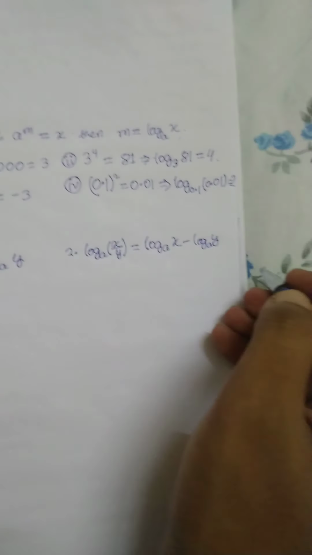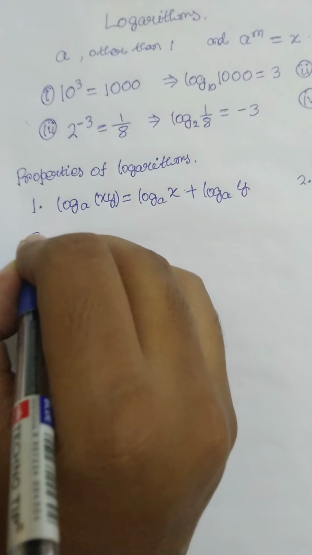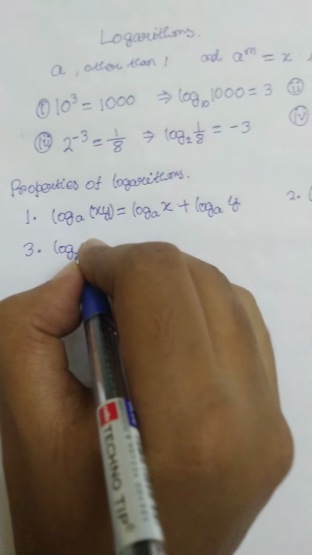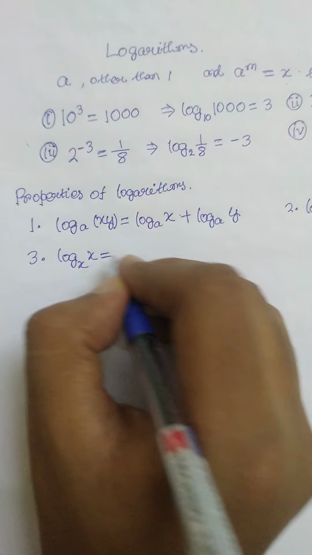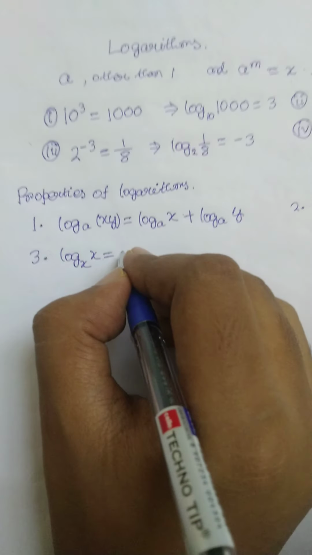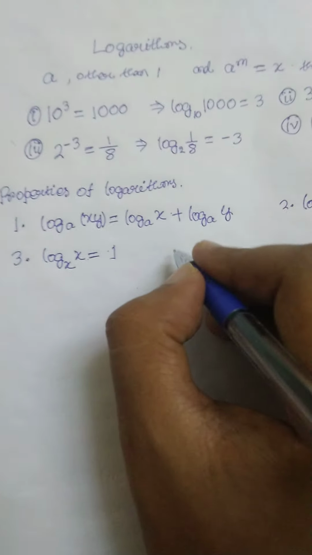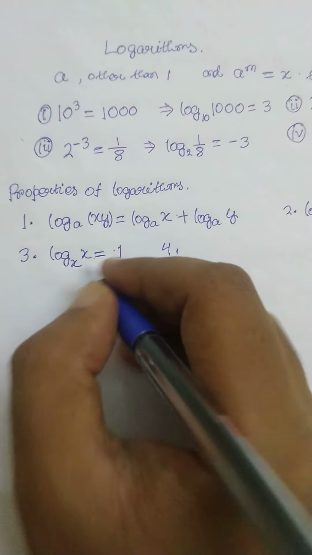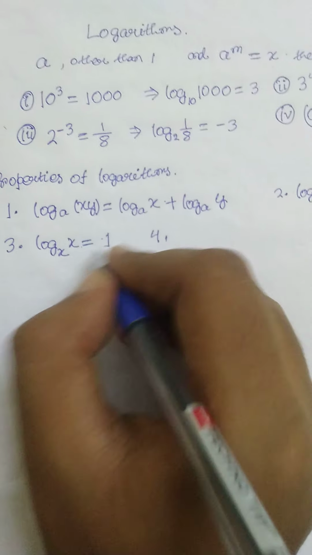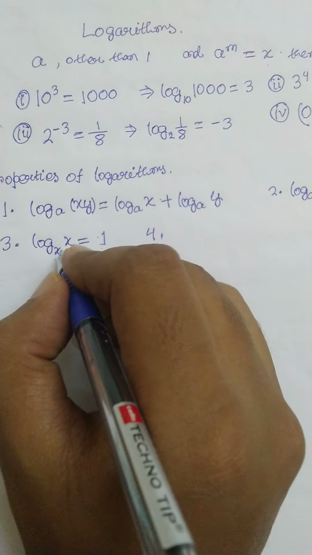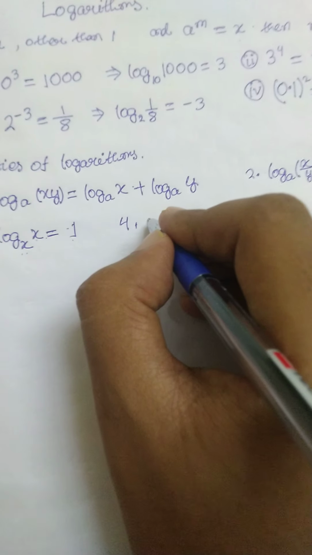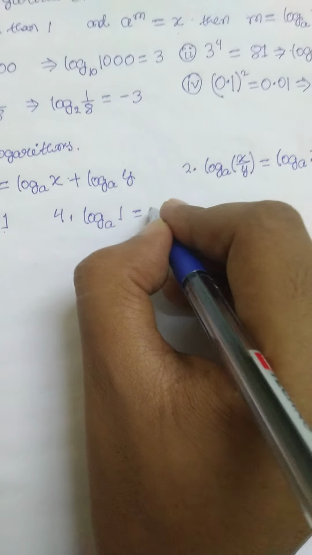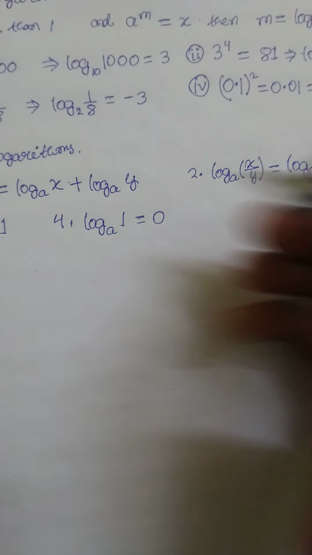Got it? Now another property. Log base a of a is equal to 1. For example, log base 3 of 3 is obviously 3 to the power 1, so it will be 1. And the fourth property, log base a of 1 is equal to 0, and you can see it, a to the power 0 is equal to 1.